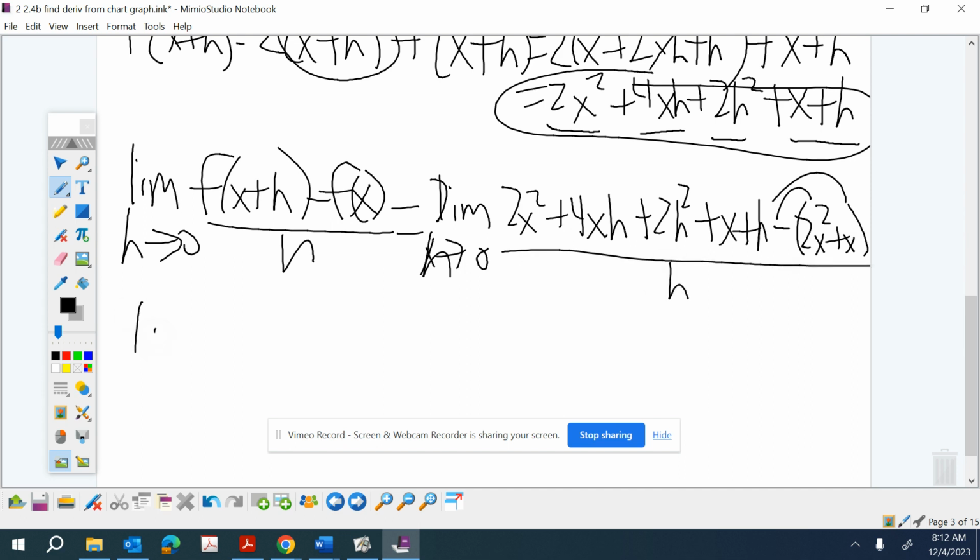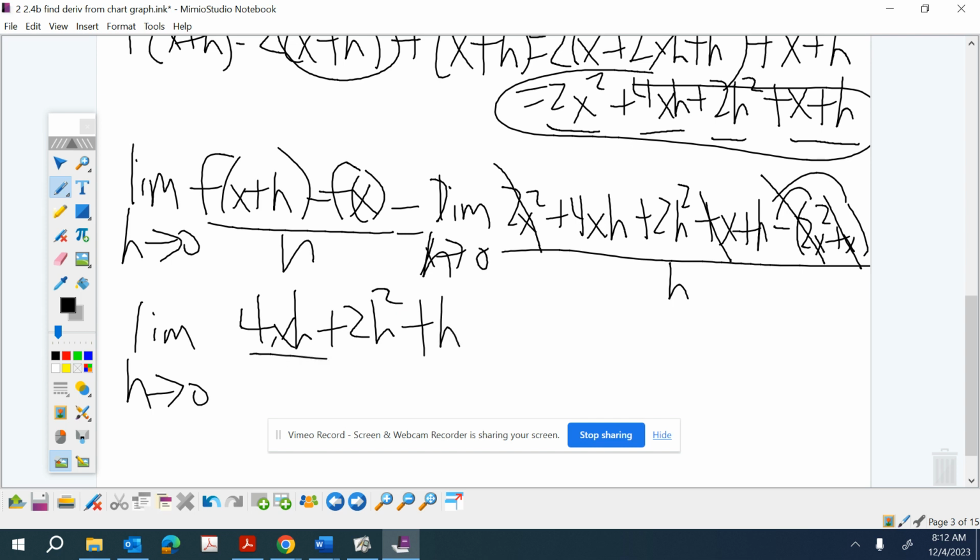The numerator looks very complicated, but you will see that a lot of things are going to cancel out. 2x squared minus 2x squared is 0. x minus x is 0. So the only thing I'm left with in the numerator is 4xh plus 2h squared plus h, over h.